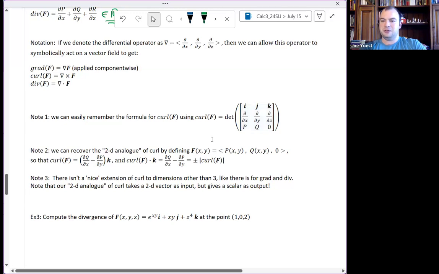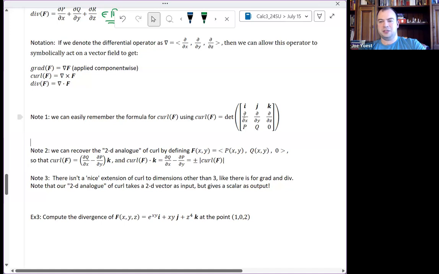Let me just type it in there for 1 second, and I would see that, for instance, i times partial with respect to y of 0, well, that's 0, and then minus partial with respect to z of q, but q doesn't depend on z, so that's also 0. So we get i times 0, we would get j times 0 as well, and we would get k times what?